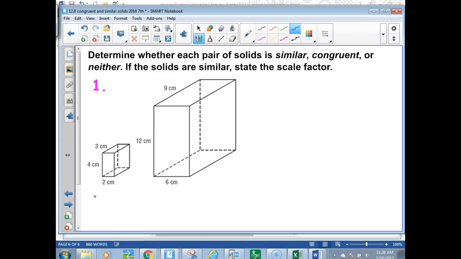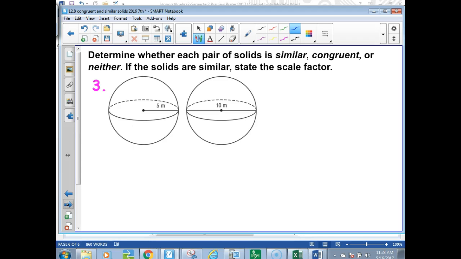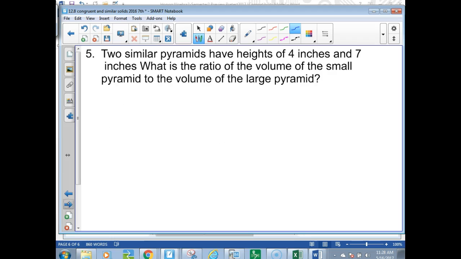I already made examples of those. You're going to have to know that without it being on your sheet.